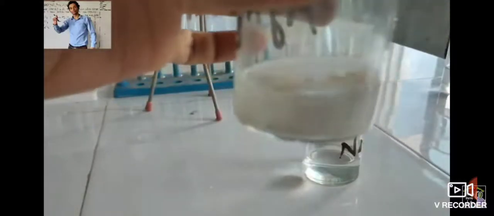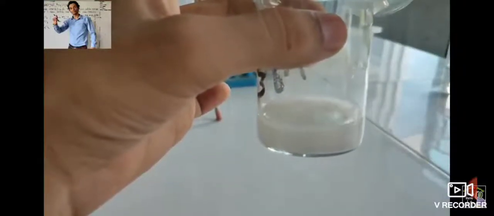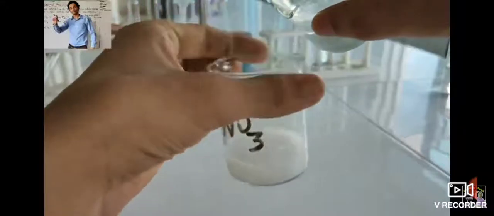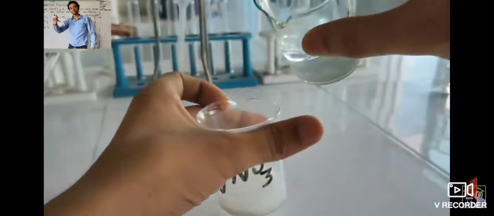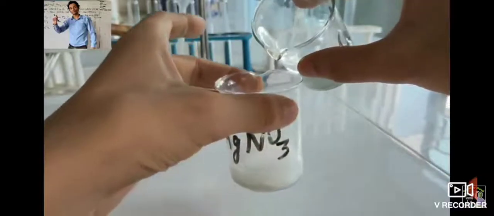Now you can see curdy white color formation, isn't it? Just like how the milk spoils. When milk spoils, you can see how it collects together, just like that. When you are adding sodium chloride to silver nitrate, the same thing happens.